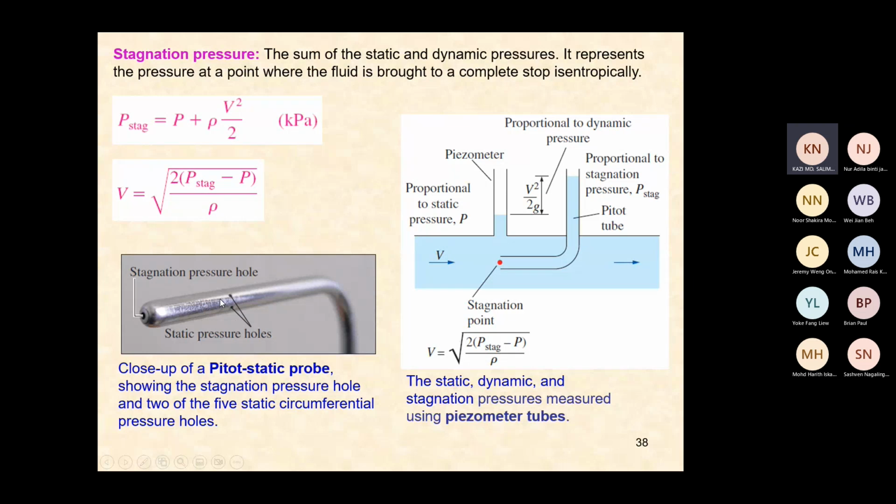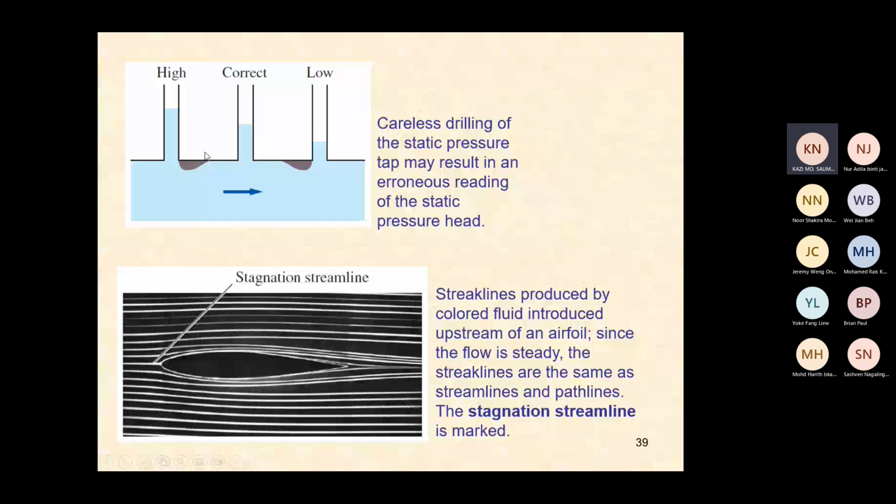Now if the instrument is fabricated like this, flow over there, then it will show the higher value of the stagnation pressure. If there is no such flow, then it will give us this data.